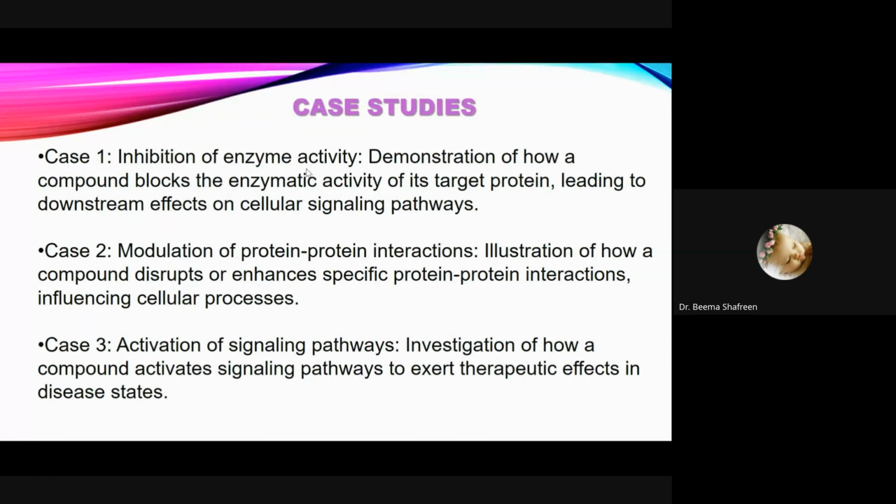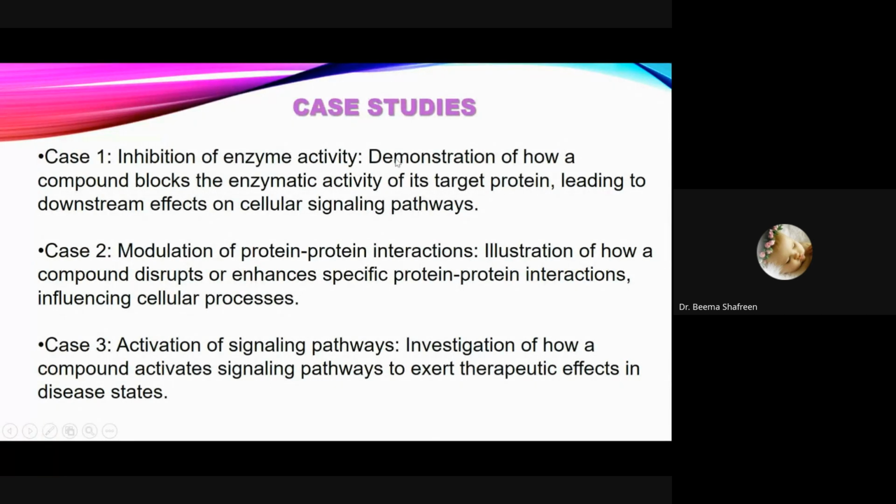Say, for example, if a particular protein is involved in fatty acid synthesis, that protein can be targeted, and thereby the synthesis cannot be completed, and that can inhibit the complete cycle of that particular fatty acid pathway, and thereby they can either kill the organism, or the production of that particular secondary metabolite can be stopped. So this is one case study which can lead either to downstream effects on the cellular signaling pathways, or it can affect the upstream process.